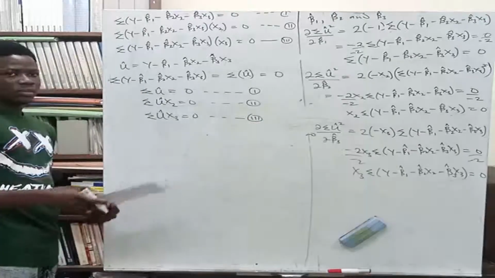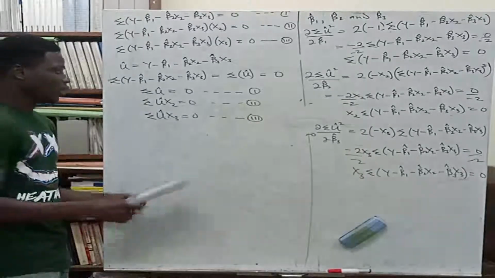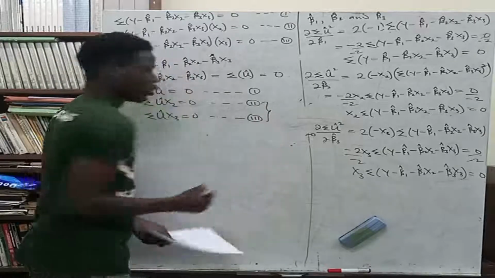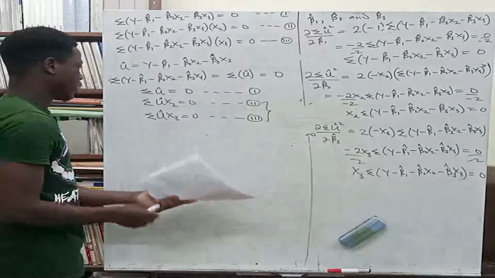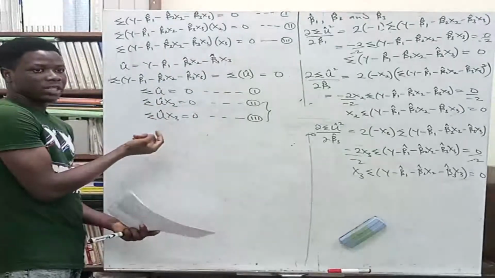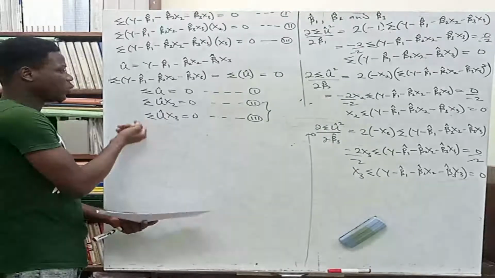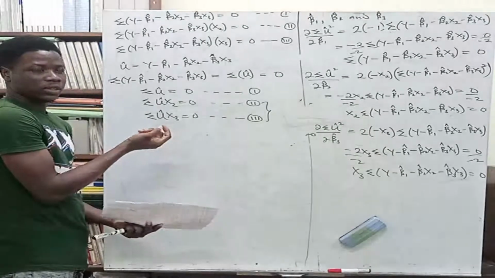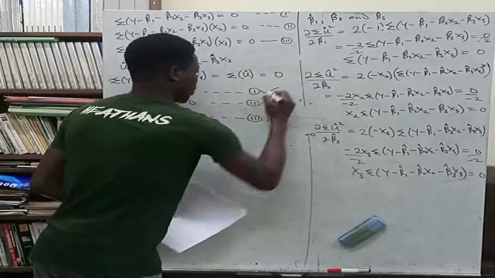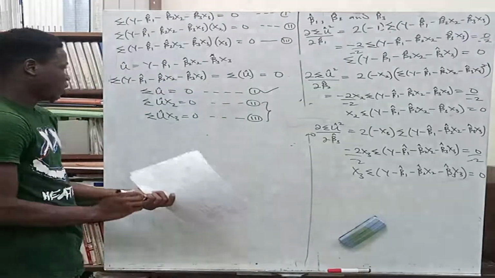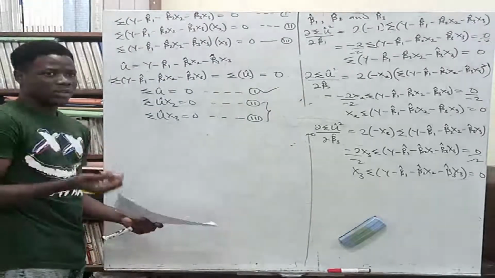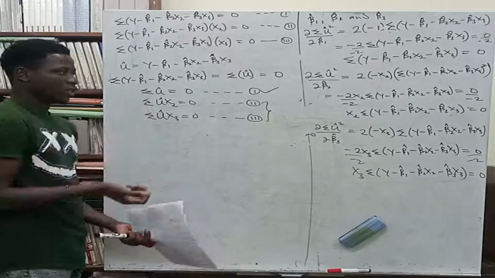Now this has meaning. You remember the assumptions of the OLS. It said the mean value of the error term should be equal to 0. So this helps us to prove that the mean value or the average value of the error term is equal to 0.